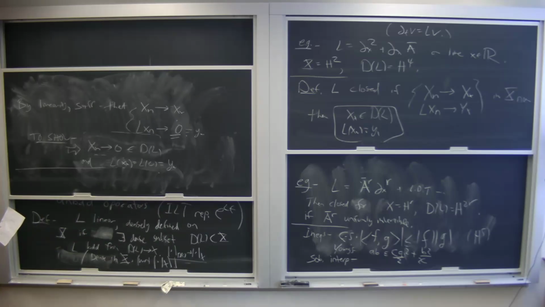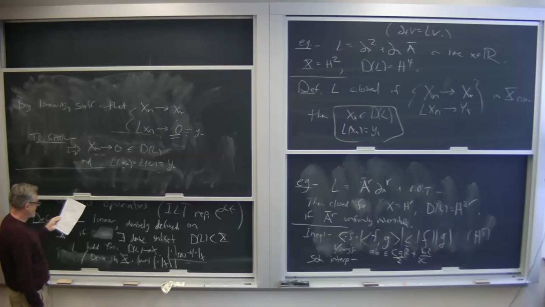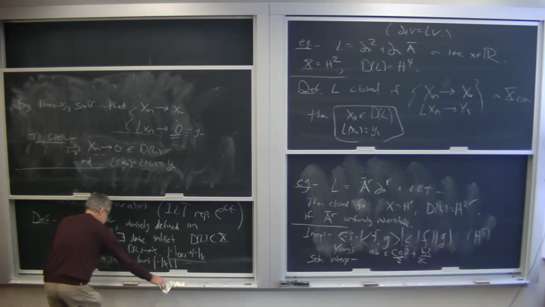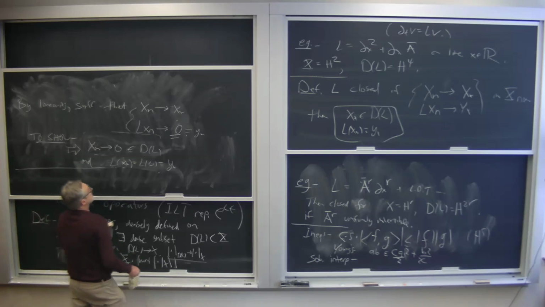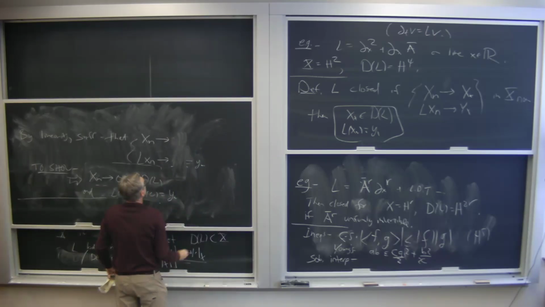Am I doing this backwards? Let's see. Oh, yes, indeed, I did it backwards. I had it right the first time. You're right. Otherwise, I can't. Yeah, this is what we need. This we can achieve, not the other.